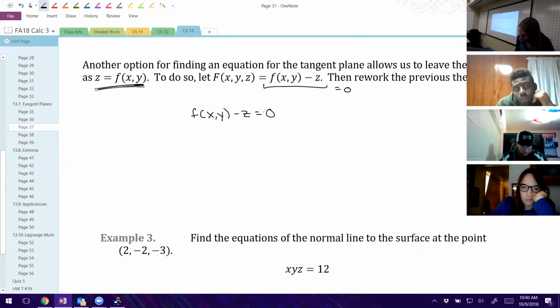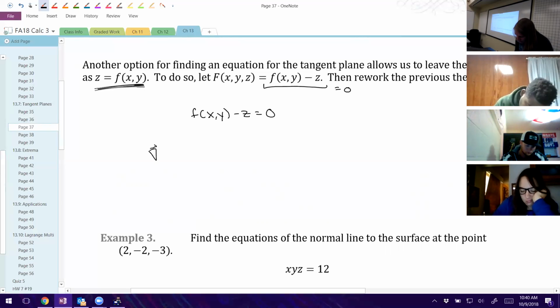The next thing we need to go back and do, it says the previous theorem. The previous theorem is just the one for the tangent plane. We really just need the gradient vector here. So if we find the gradient vector of this function, which is now in terms of 3 variables again, the partial derivative with respect to x is going to be whatever the partial derivative of this function is with respect to x. We don't know the function, so just keep it general.